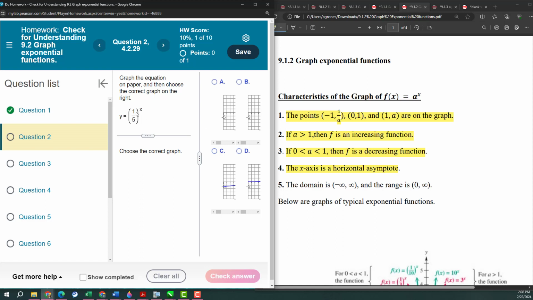In this case, a equals 1 over 5. If our first point is (-1, 1/a), you would put 1 over 1/5, which turns into 5. So we're looking for (-1, 5).